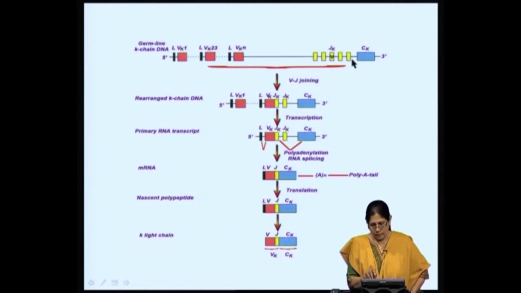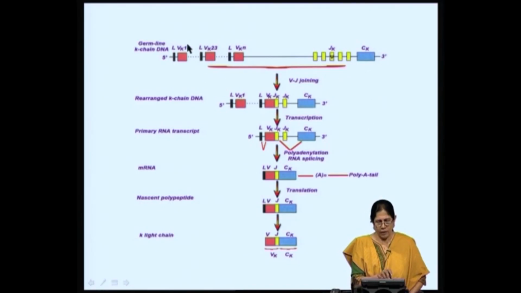These are separated by a set of gene segments known as J sequences. After the J sequences is the constant region. You might remember that kappa, the light chain, is much smaller and has only one constant domain.